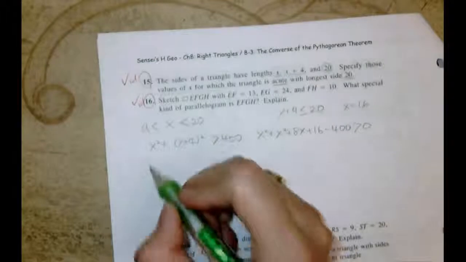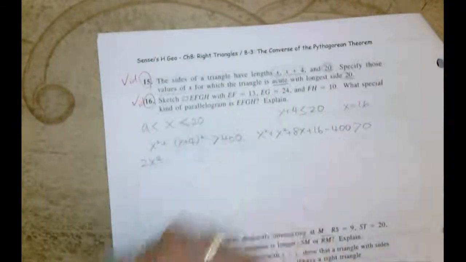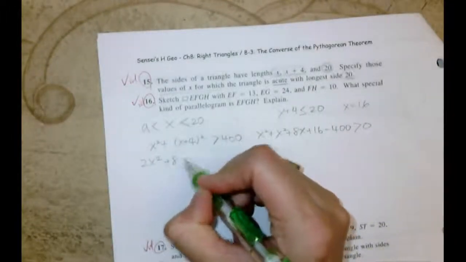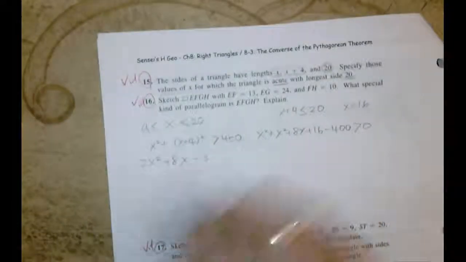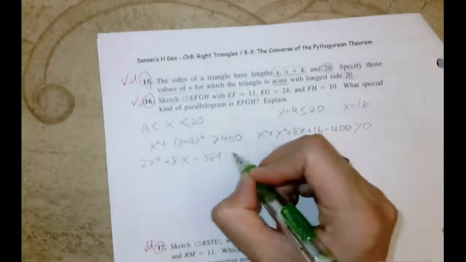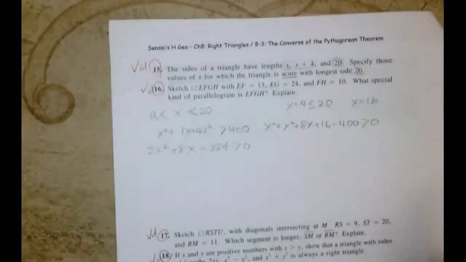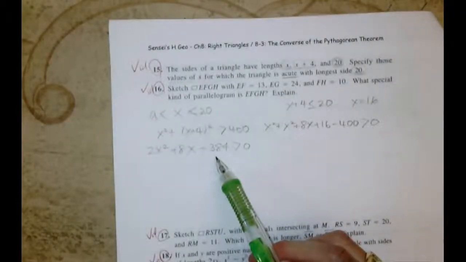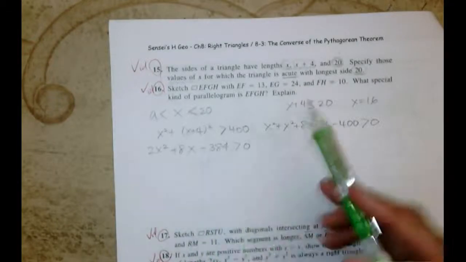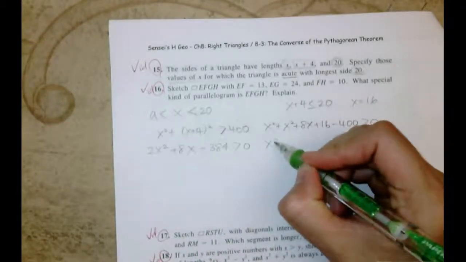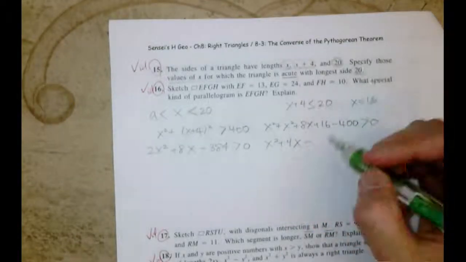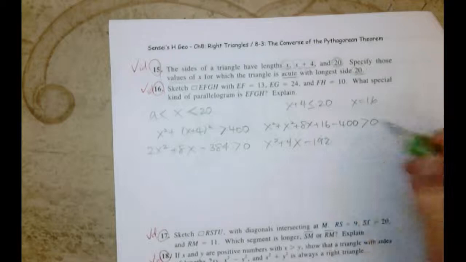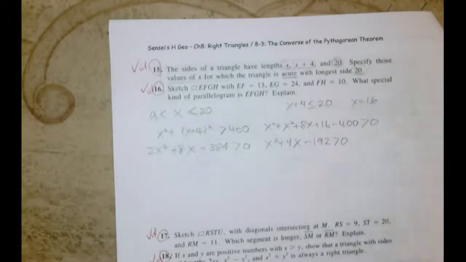Okay, so then you get 2x squared plus 8x minus 384 greater than 0. Now you have to factor this to solve, but since I see 2 in there, let's get rid of them. So you have x squared plus 4x minus 192 is greater than 0.